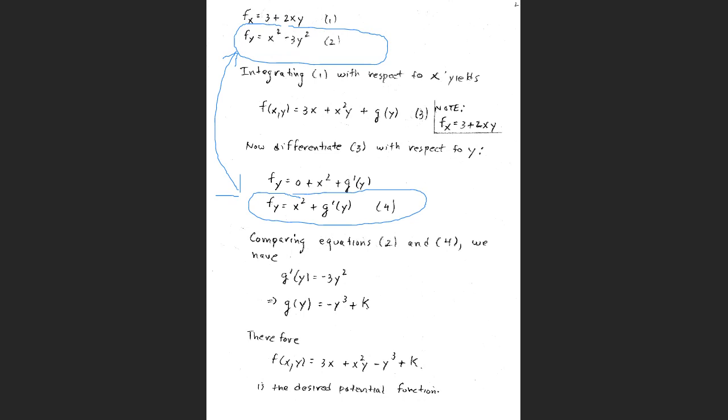And if I compare them, they're almost the same, but it turns out that this negative 3y squared would have to be equal to g prime of y if equations 2 and 4 are the same equations. So that means negative 3y squared has to equal g prime of y. And therefore, g of y is negative y cubed plus k. Again, we try to be as general as we can.